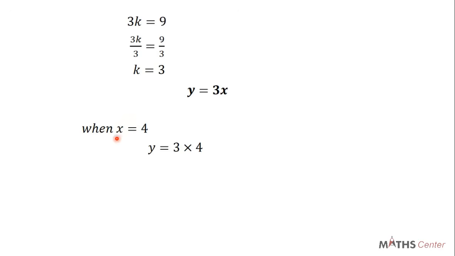So if x is equal to 4, then y is equal to 3 times 4, and this will give us 12. So we can say that when x is equal to 4, y is equal to 12.